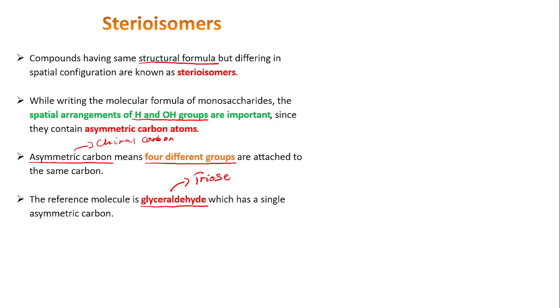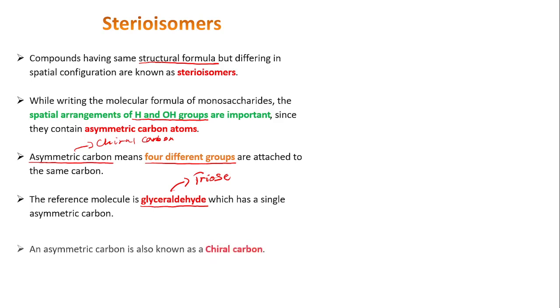A chiral carbon is a carbon attached to four different groups, and due to the orientation of the hydrogen and hydroxyl group, this chiral carbon, also known as the asymmetric carbon, can lead to a special type of isomerization known as stereoisomers.